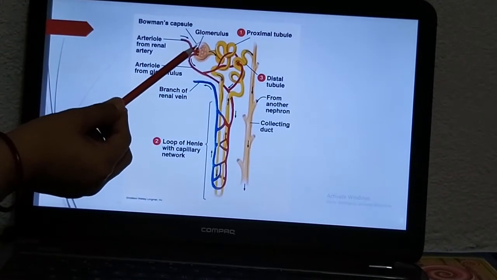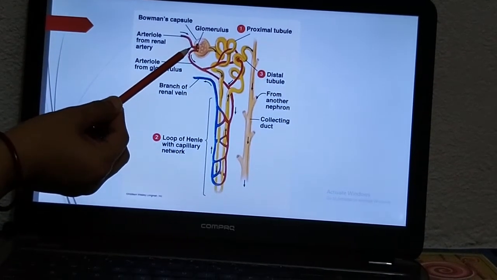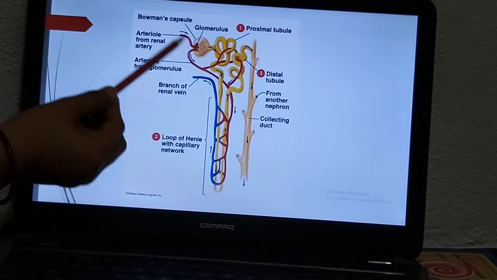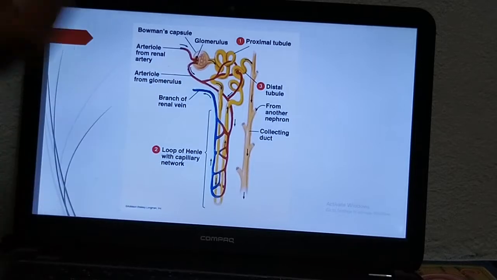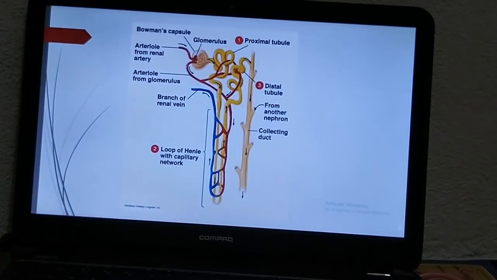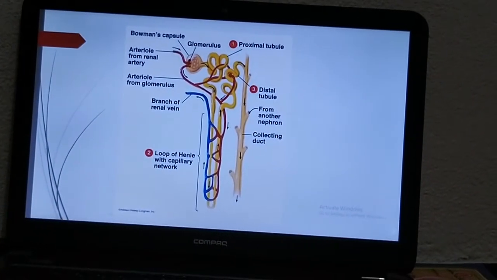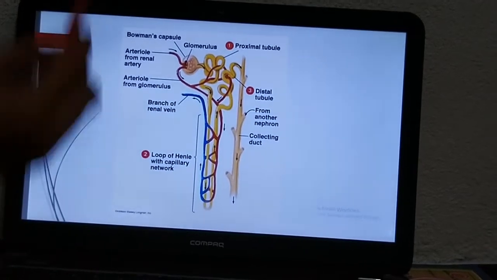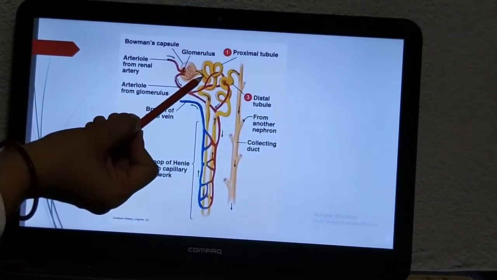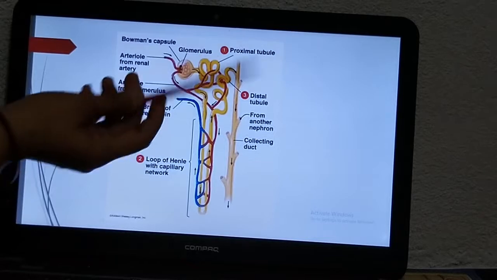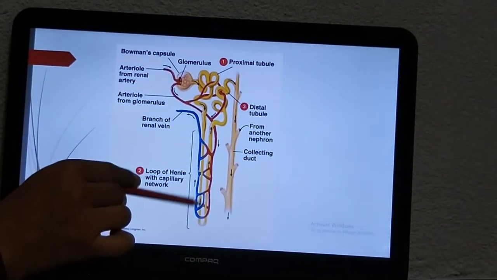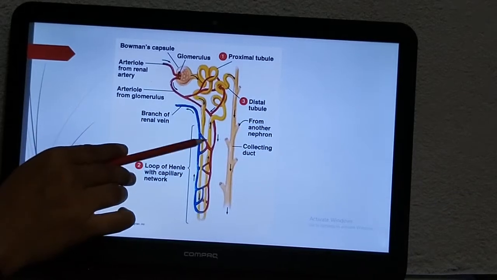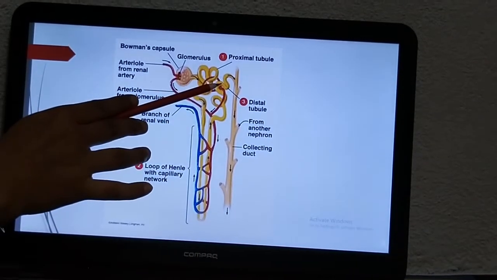It is creating enormous pressure, so the excretory material is coming to the Bowman's capsule. Glomerulus and Bowman's capsule together are known as what? I already discussed, the Malpighian corpuscle. So ultimately it is going to this part, the proximal tubule or proximal convoluted tubule. Then this U-shaped structure, the loop of Henle, and ultimately the distal tubule.